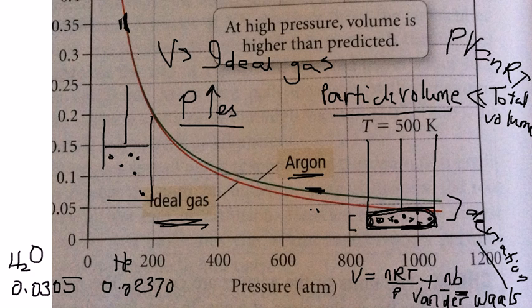So depending on the size of a molecule or an atom, the value of B can be predicted. You're not supposed to memorize these. The values should be provided to you to do any calculations.